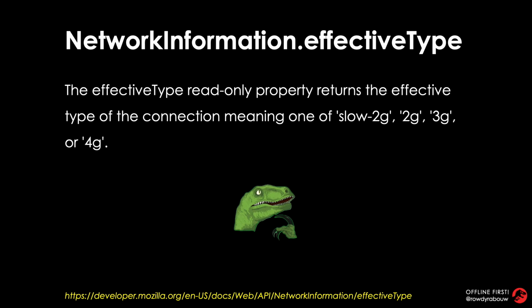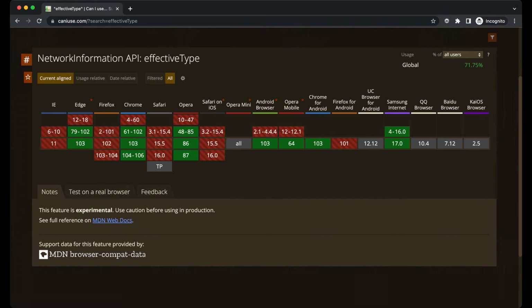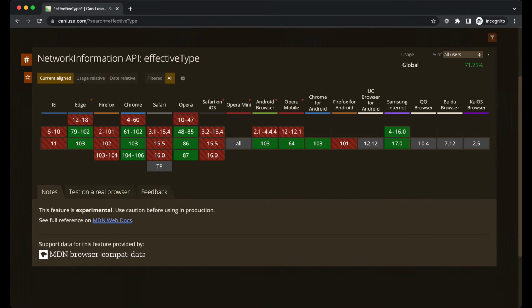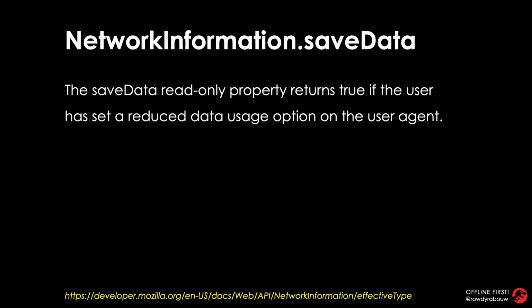It's a property that's not available on every browser. It's not available on Safari, for instance, but it's available on Android devices. So you could rewrite your code, I didn't do it, saying if it's underneath, I don't know, 3G, I'm not prefetching, for instance. Just to be considerate to your user.